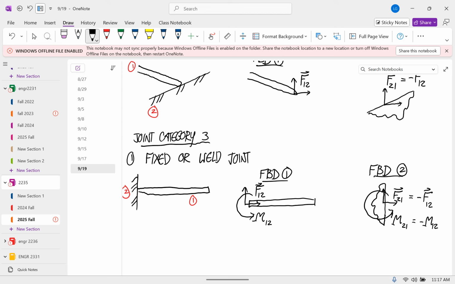Are there any forces Newton's third law wouldn't apply to? Yeah, there's no forces. Are there any moments? Is a moment a force? No, a moment is its own thing. It's a load, but it's not a force. It's a first moment of a force mathematically.